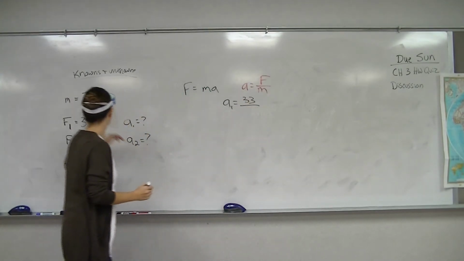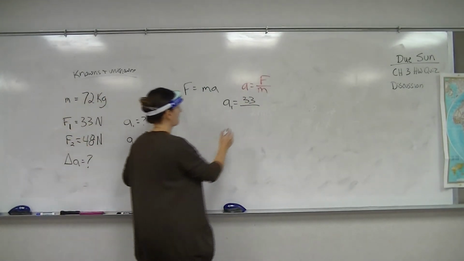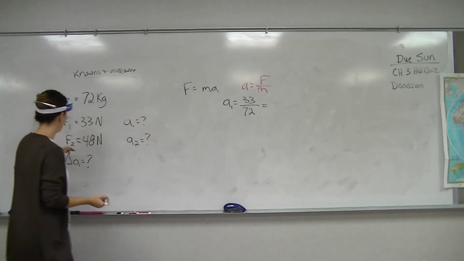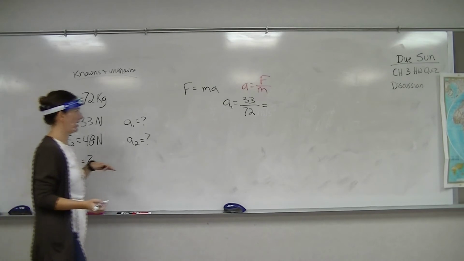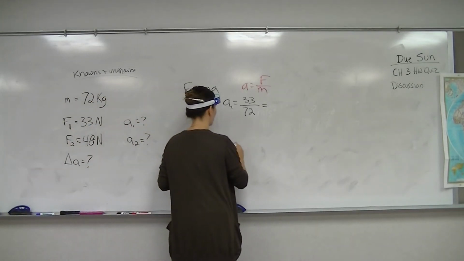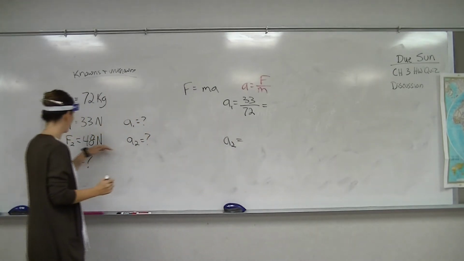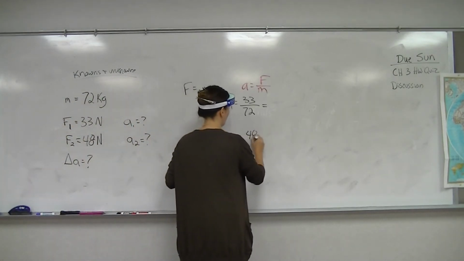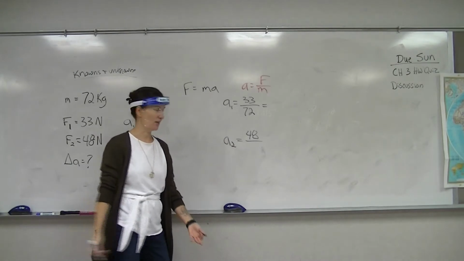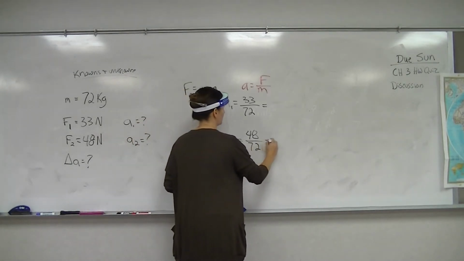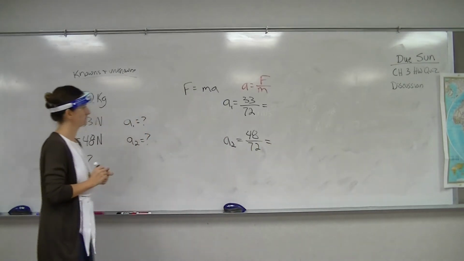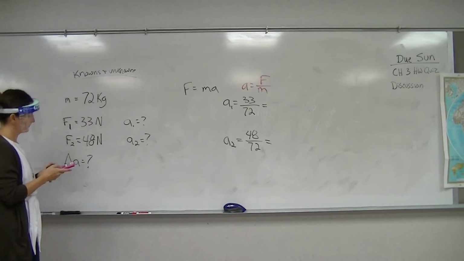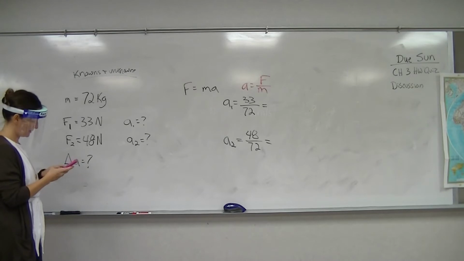The mass of the body was 72. And then I'm going to do the same exact thing for A2 and solve. So my second acceleration, once I upped the force, was 48 for the force. And the body's still the same, right? Body didn't change. It's still 72.